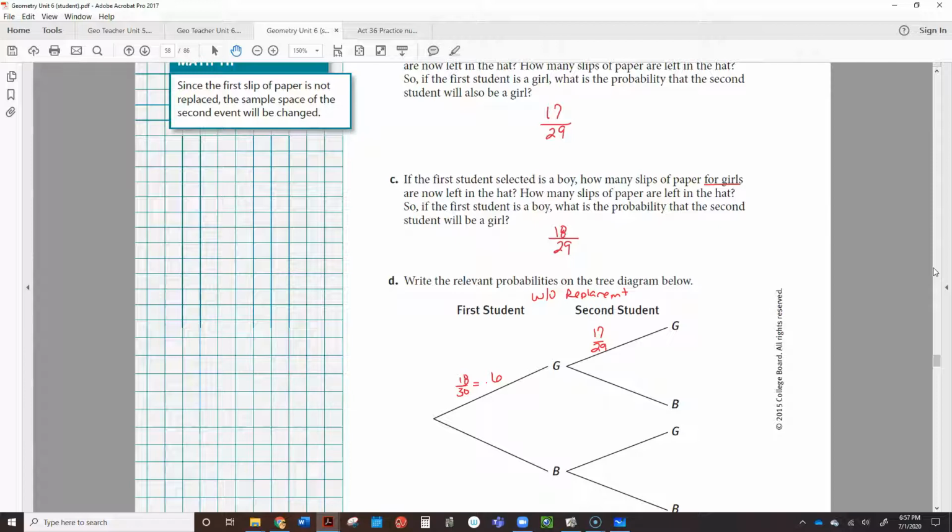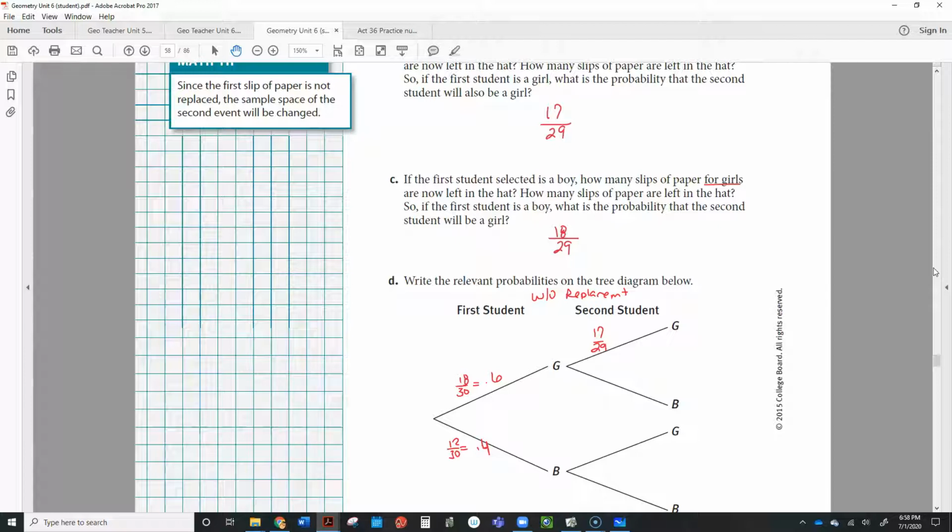But anyway. Okay, so for the boys, there are 12 boys out of a total of 30 students, and that comes out to be 0.4. That point's really in the wrong place, but I can't erase it, so I'll just leave it right there.